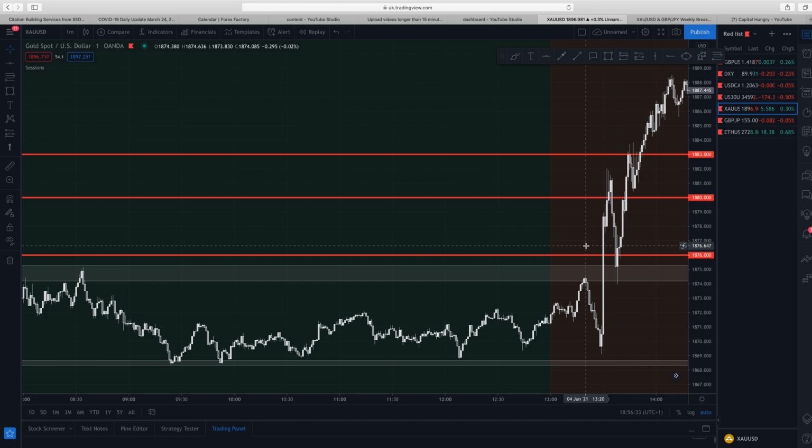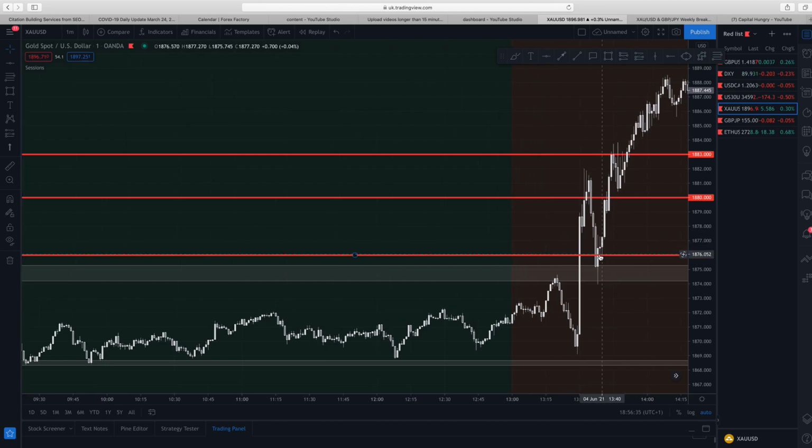Yeah, so it's interesting, isn't it, how you can see the reactions to the key levels there. That's perfect. If I was at the markets there, I'd be taking that.